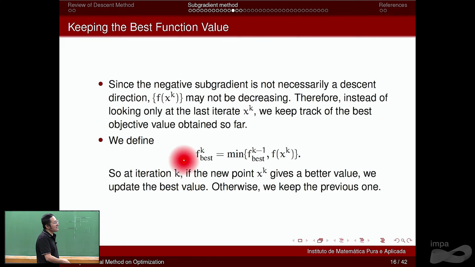And we take f_k best equal to the minimum of f_k, the function value at the current point, and the best of the previous ones. Okay, so if you take this strategy in each iteration, we can make sure f_k best is not increasing. Okay, so if you use this strategy, at least you can get a sequence f(x_k) which is not increasing. Okay, it's not increasing.